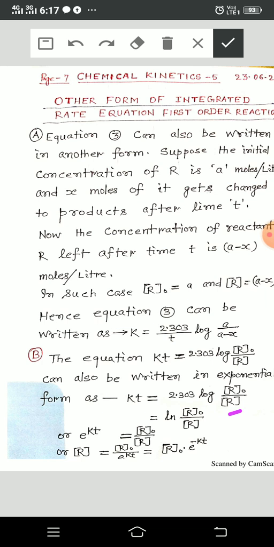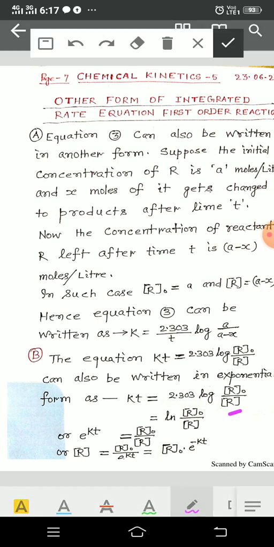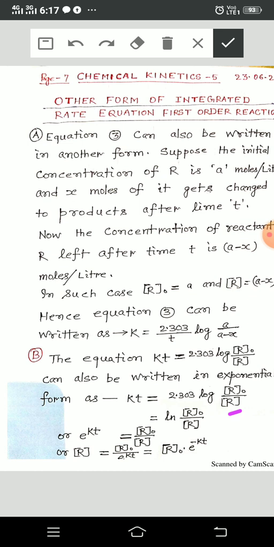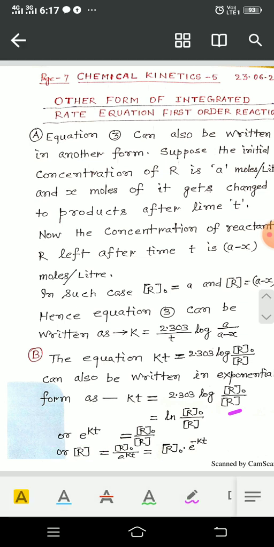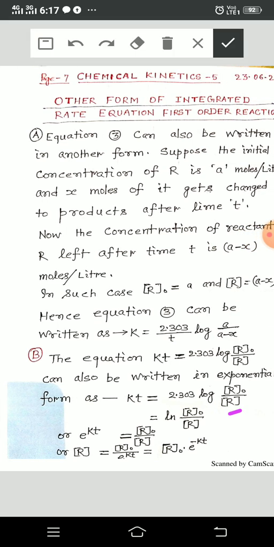By removing the natural logarithm, you will get the exponential form: e raised to the power kt is equal to initial concentration by final concentration, or the final concentration will become equal to initial concentration by e raised to the power kt, or initial concentration multiplied by e raised to the power minus kt.